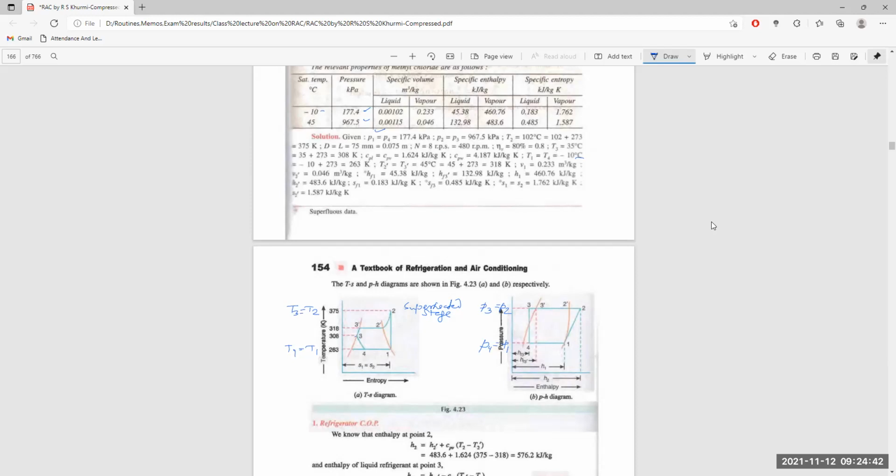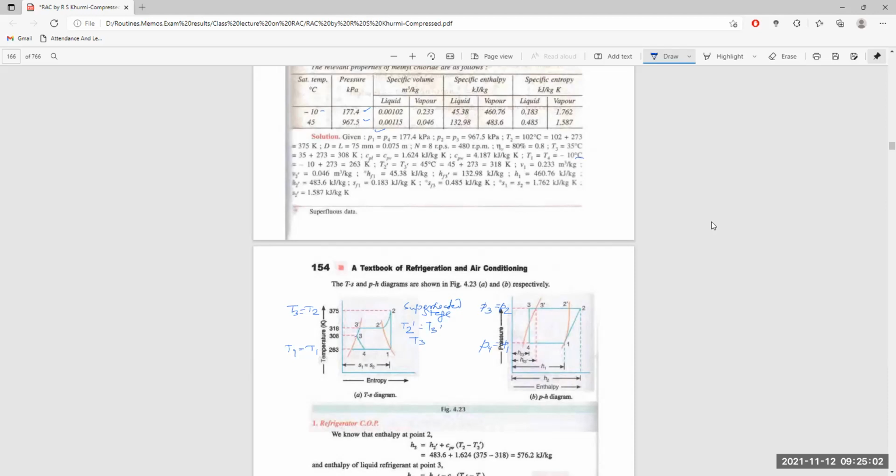But we need the temperature at the position T2 dash, which is equal to T3 dash, as well as the temperature at position 3, that is T3, which is supposed to be supercooled to a certain extent before it goes inside the expander itself.